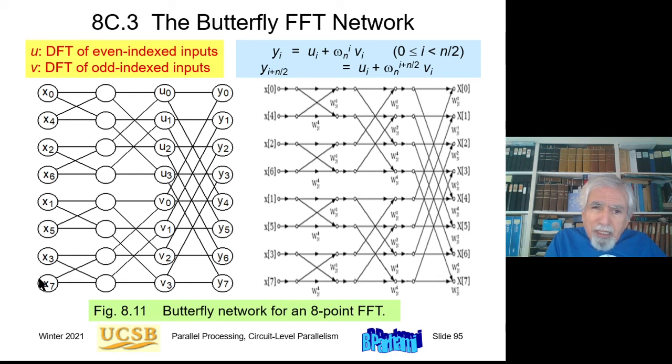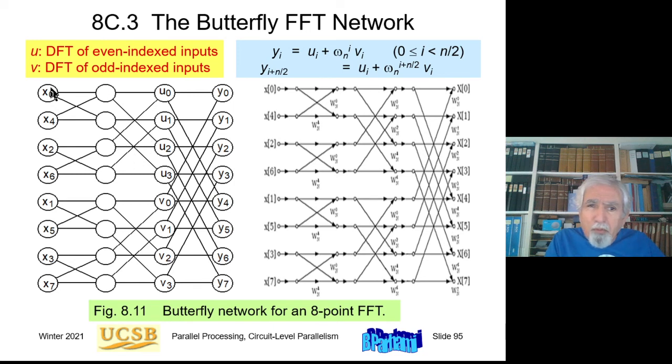Take the odd index, do FFT. So those are the U and V vectors. And then do 2-point DFT between U0 and V0 to find Y0 and Y4, between U1 and V1 to find Y1 and Y5, and so on.